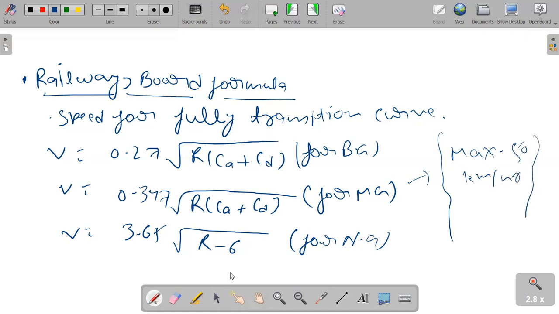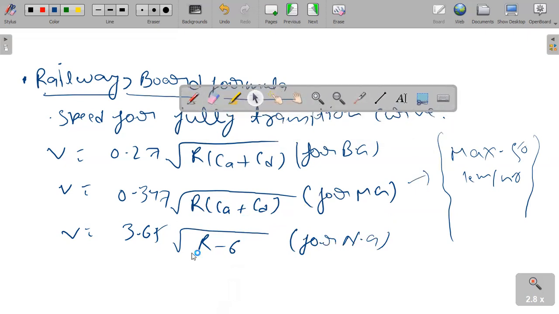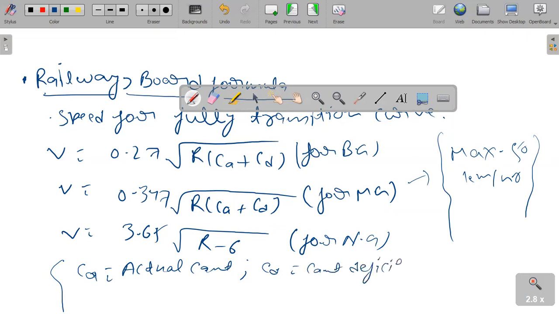One more thing here: Ca is actual cant, and Cd is cant deficiency. So this is the railways board formula to find the speed for a fully transition curve.